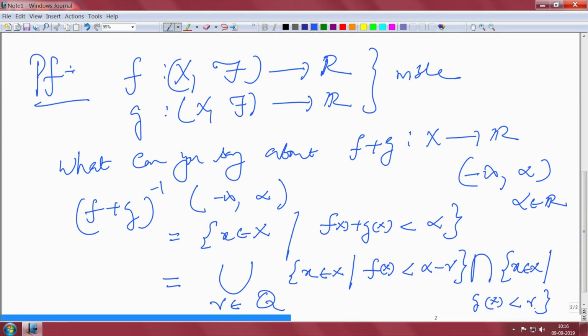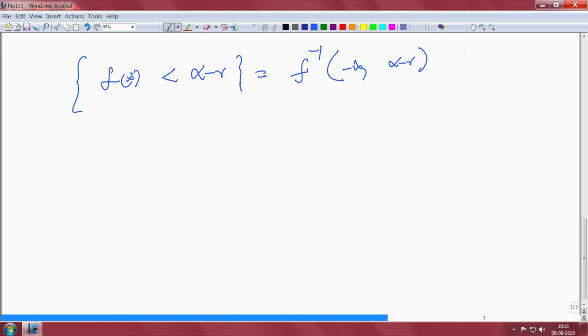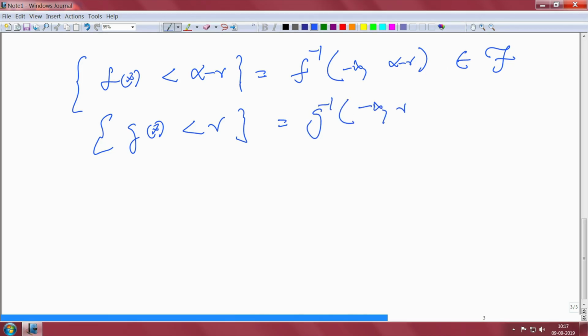So, if I do this, the set where f of x is less than alpha minus r, what is this? This is simply f inverse of minus infinity to alpha minus r. So, this belongs to script f. Similarly, the set where g of x is less than r is equal to g inverse of minus infinity to r, that also belongs to script f, because f and g are measurable.